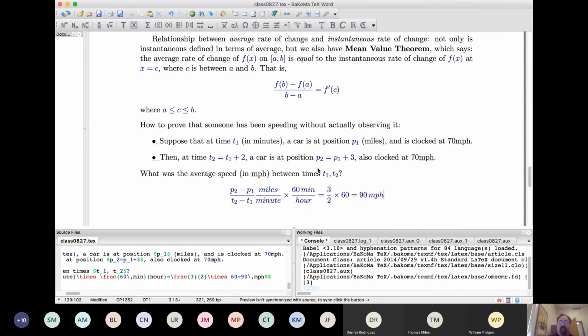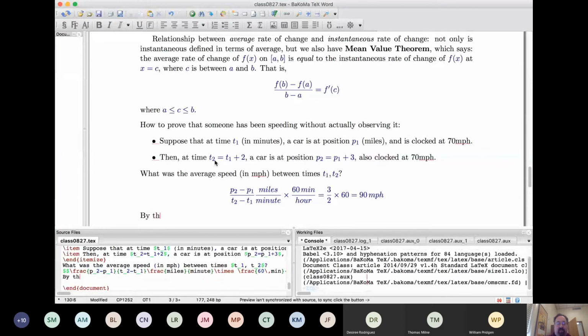Okay. So this is a situation where at this point they're going 70, and then they crazily speed up over the next couple minutes, and then slow back down. So in fact, they had to be going in excess of 90 for most of that stretch, but slowing down to 70 just in time for the second observation that happens 3 miles later, but only 2 minutes later.